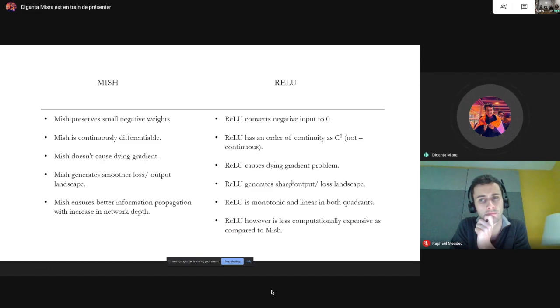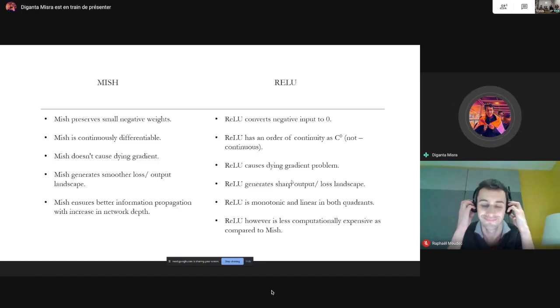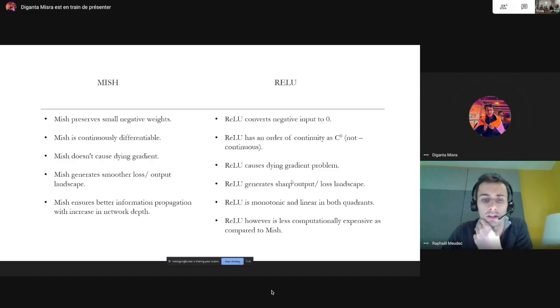But the pro point for ReLU is that it is less computationally expensive as compared to Mish. So there is a trade-off between better accuracy and faster inference. How much longer exactly does it compare?